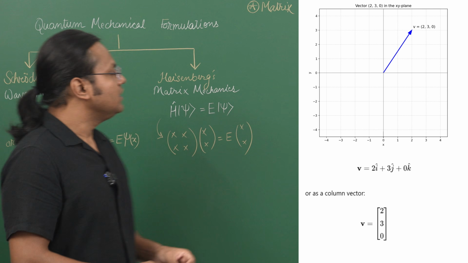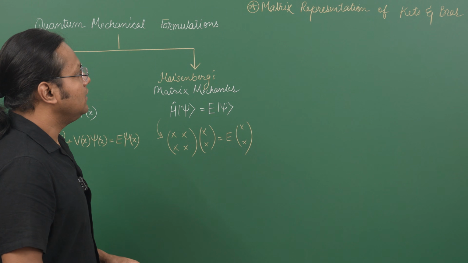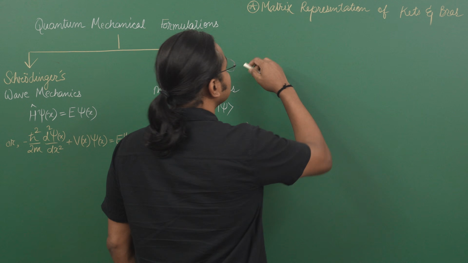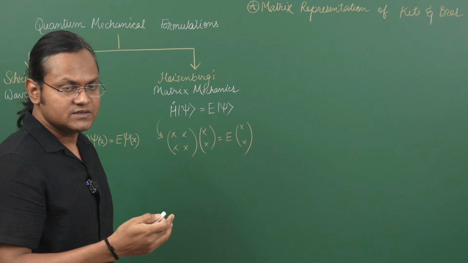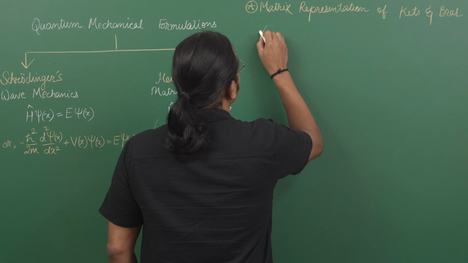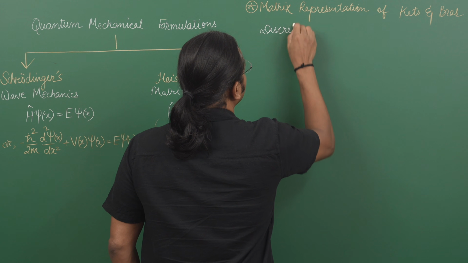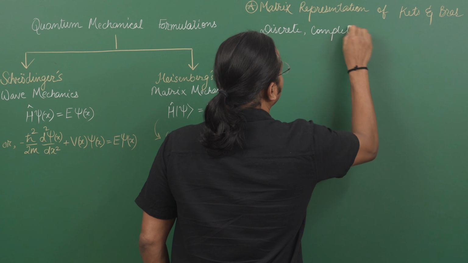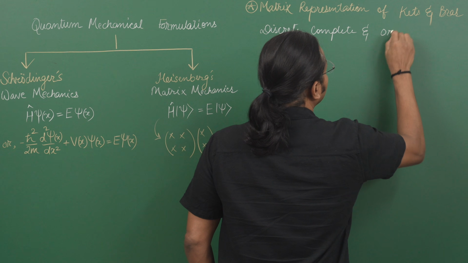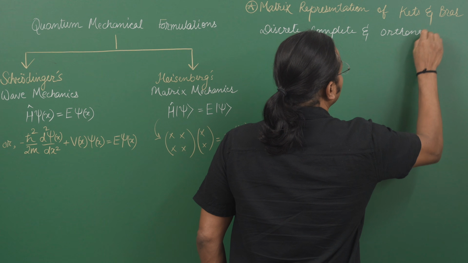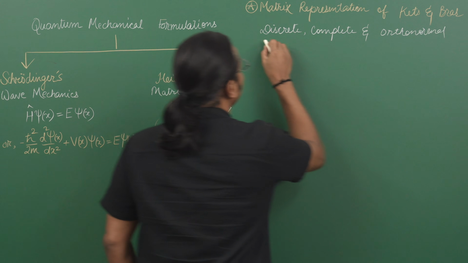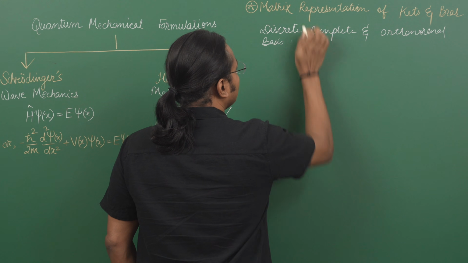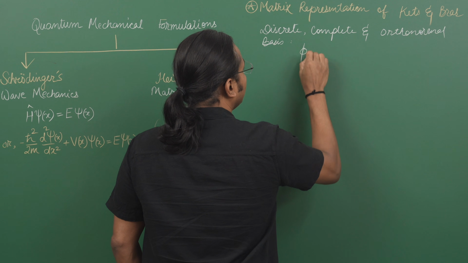So for example, if I have any kind of a quantum system where the basis of that quantum system can be described as a complete orthonormal basis, discrete, complete and orthonormal basis, and we call this basis as phi n.